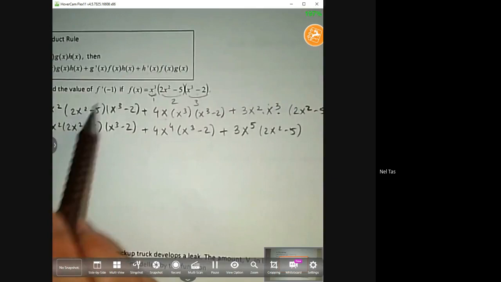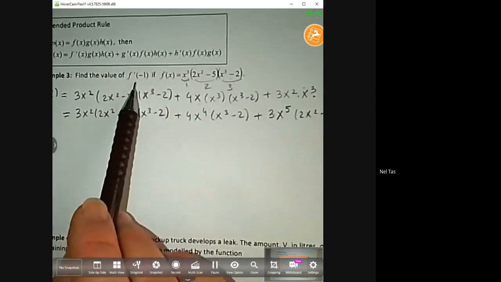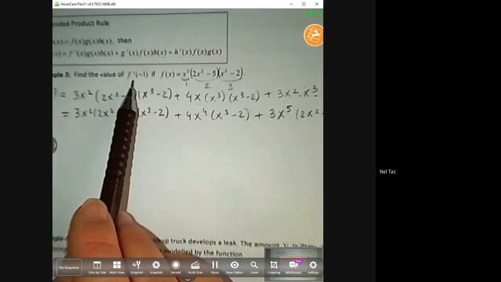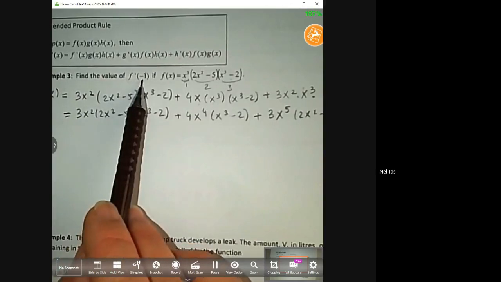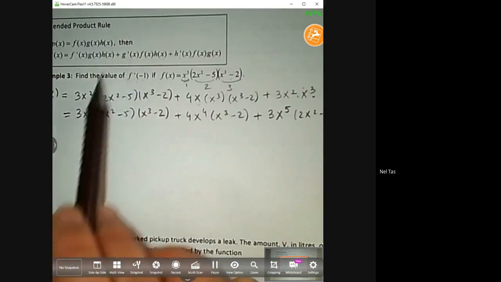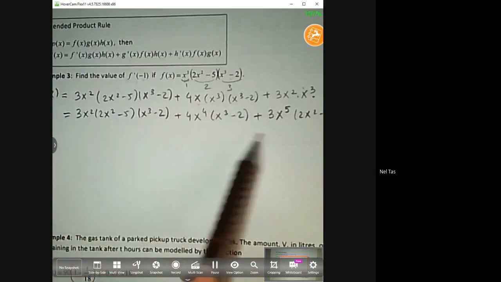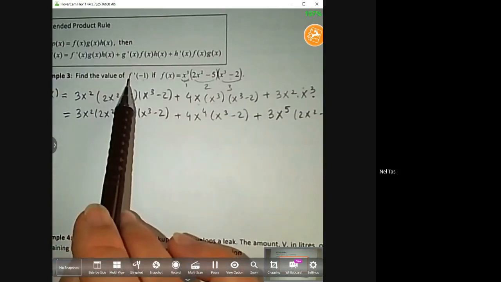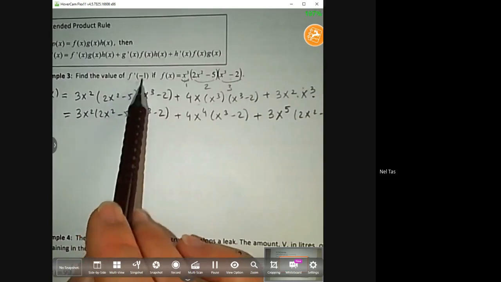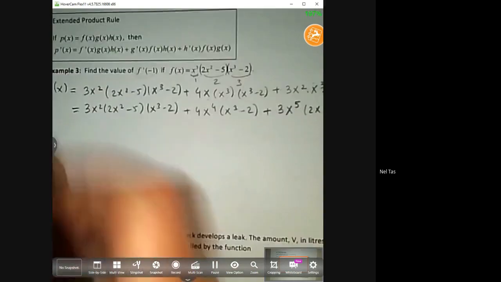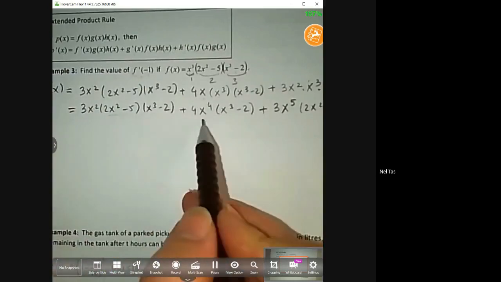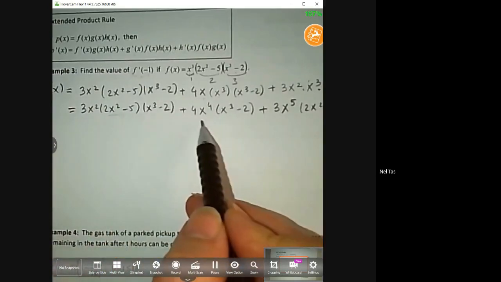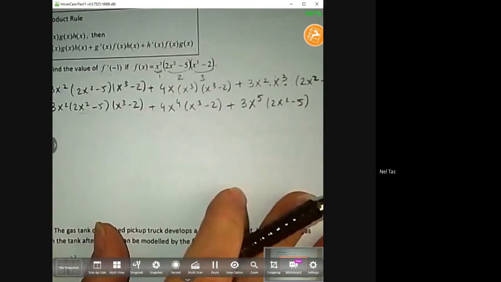But this question is not asking for the derivative function itself, it wants you to calculate the derivative at a given point, which is -1. If you have more than two functions, it may get really complicated. If the question is asking directly for the value of the derivative at a certain point, you can directly sub in, even though it looks kind of messy here, right? If you try to expand it, it's going to take a lot of time, as you see.